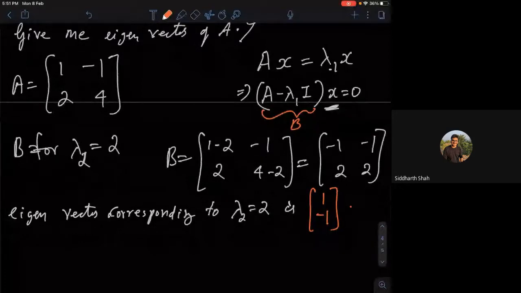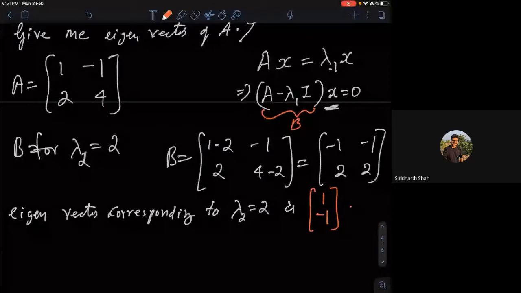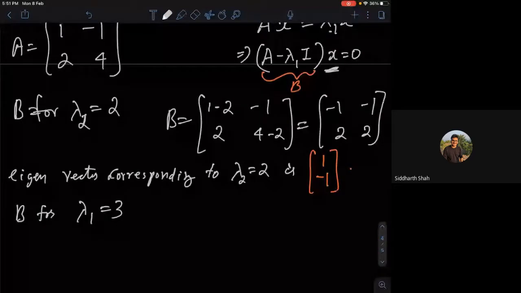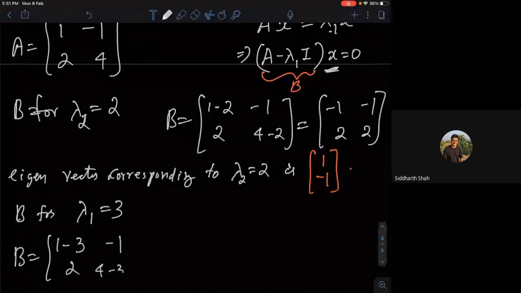Now let's do it for lambda 1 equal to 3. B becomes 1 minus 3, minus 1, 2, 4 minus 3, which is minus 2, minus 1, 2, 1.